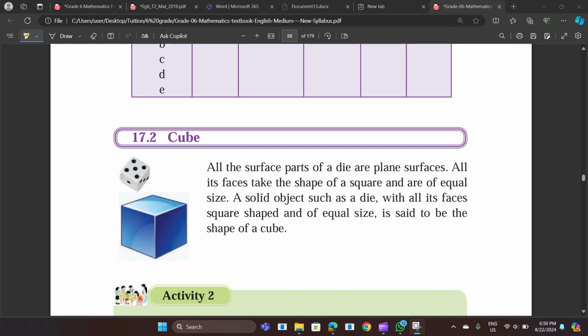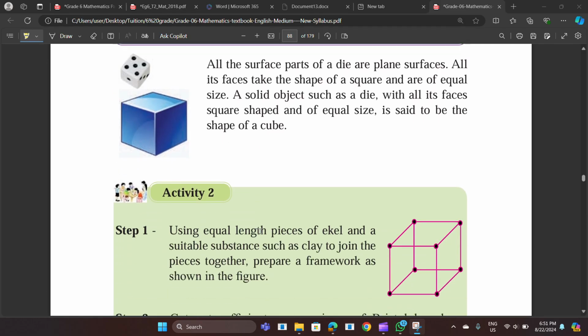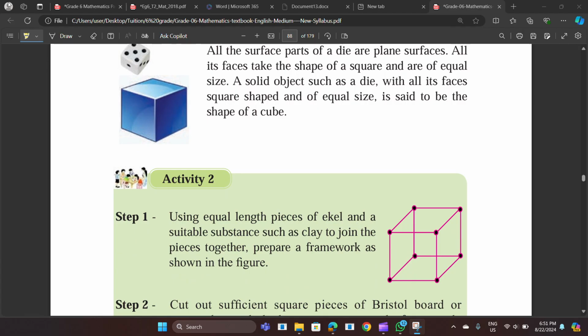Okay, how we identify whether a solid is a cube? There are some special qualities in this cube. Okay, let's see what are them. Cube has 6 faces. Okay, what are faces?